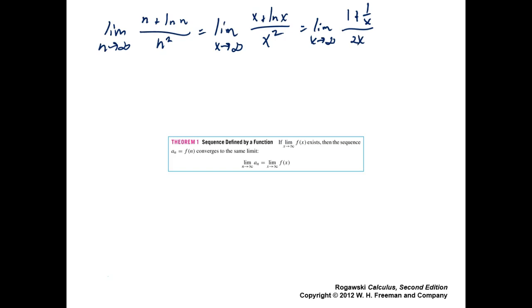This will give you 1 plus 0 over infinity, so that's 1 over infinity. 1 over an extraordinarily high number would be 0. 1 over 10 million is awfully close to 0, right? So this limit would be 0.